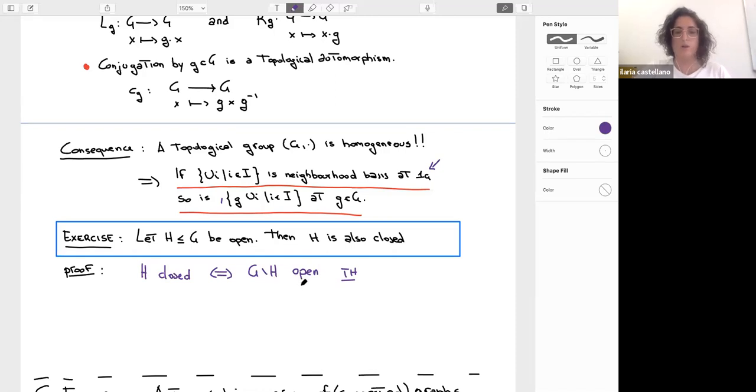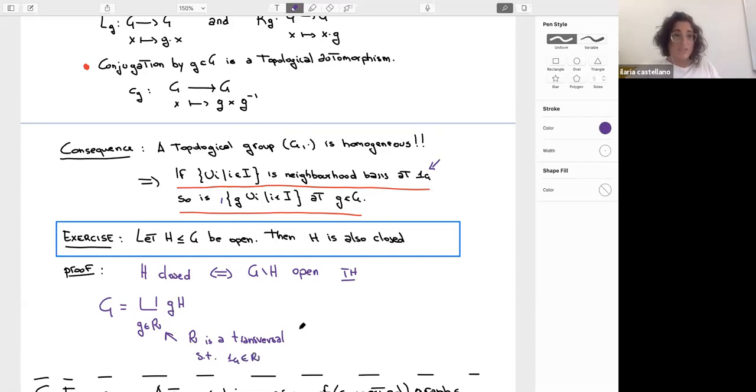In order to prove that the complement is open, I look at G and I write G as a disjoint union of cosets of H, gH, where g is running in R, and R is a transversal. And we suppose, because I'm lazy, that 1_G is in R.